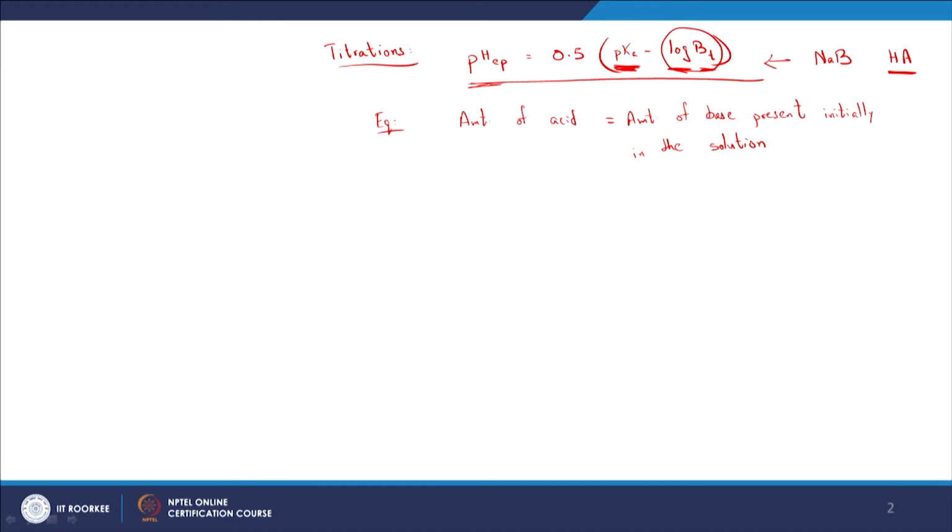So in effect, what does this mean? We have some base here in our solution. We know what the base is, and that's why we have the pKa value of that particular base or weak acid. We know the base, but we do not know the concentration.